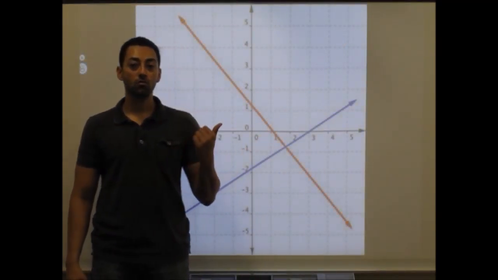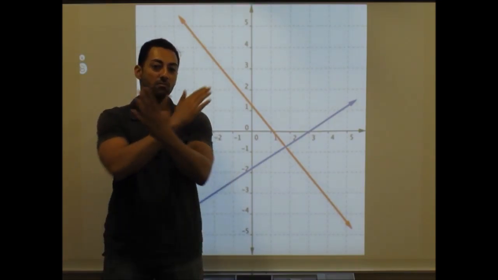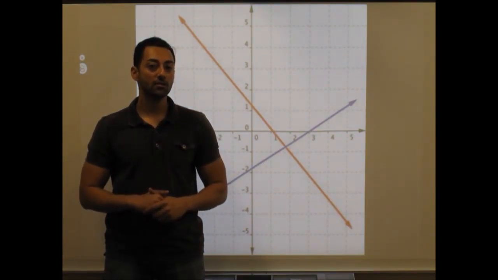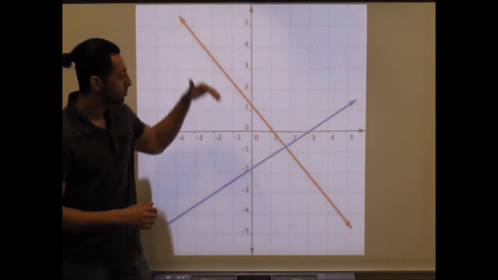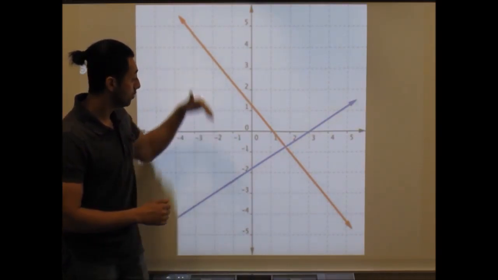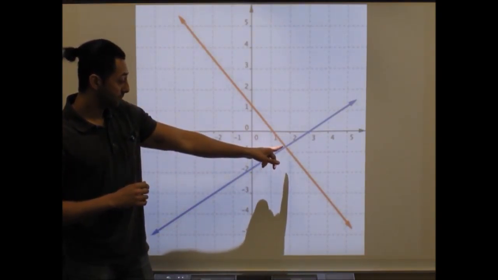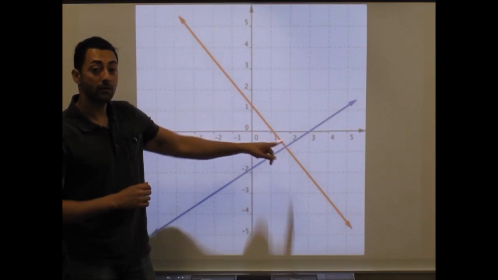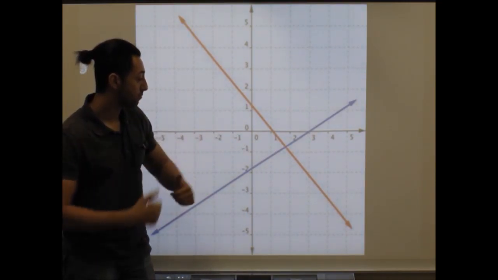Okay, so the two examples that we tried previously were fairly straightforward. The intersection points were very easy to visualize, but that doesn't always happen to be the case. So here we have two linear functions again, one in red, one in blue, and we can distinguish the intersection point right there in the fourth quadrant, but it doesn't happen to be at a perfect point.